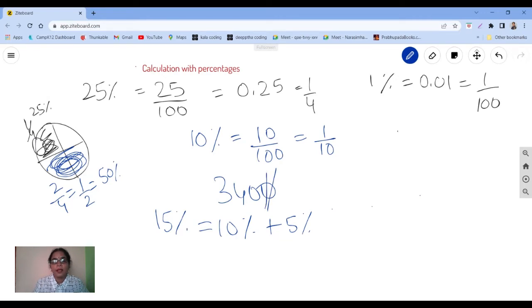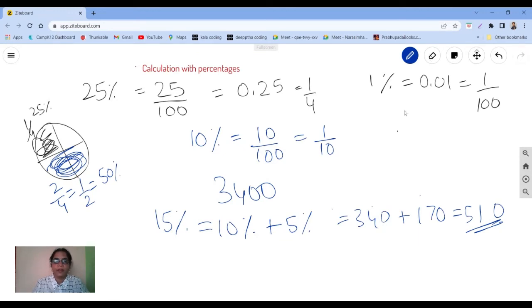It becomes 340. Then 5% means what? Half of the 10%. So half of this is 170. If I add these two, I will get the 15% discount. That means for this 3,400, 15% is 510. Did you see? Just by knowing what is the 10%, I can figure out all the other things.